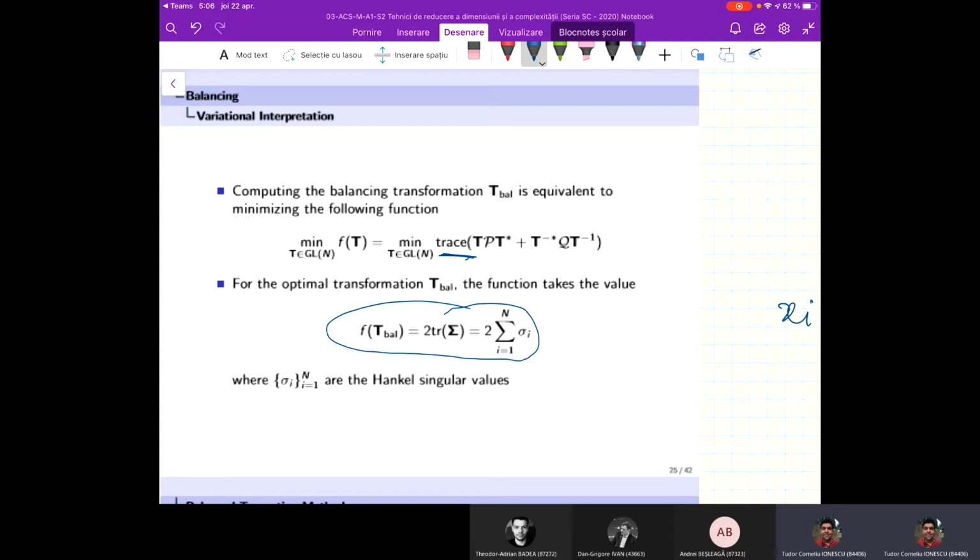So the balancing transformation T is the optimal solution of this optimization problem. Please note that this is a quadratic non-convex optimization problem. This is very difficult to solve.